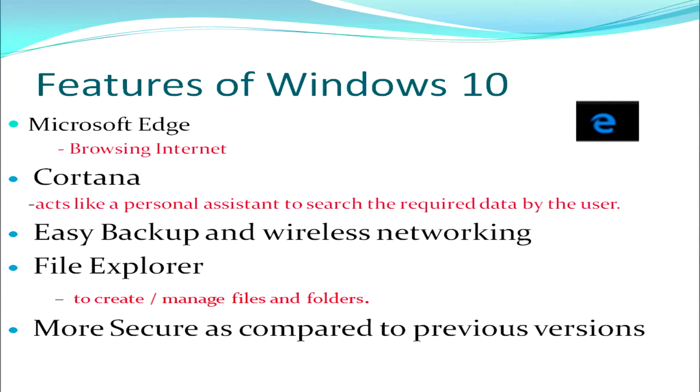This particular feature is just like an assistant. It helps you to search required data. It helps you to perform a particular task. Any query that you want your Windows to answer back, you can give that query to Cortana and it will help you get solution to your problem.